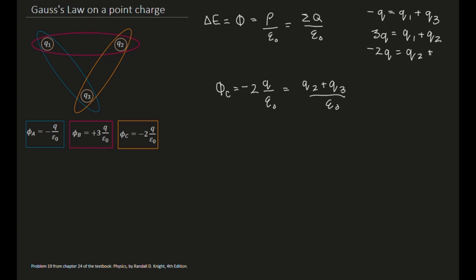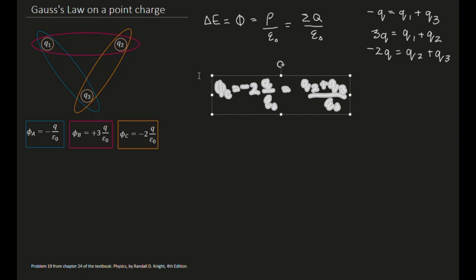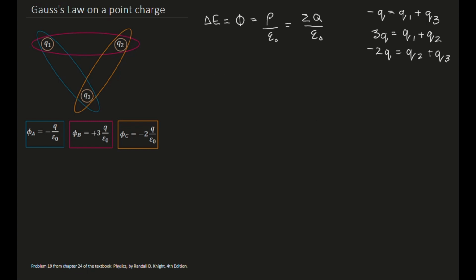And now the rest of this is just algebra. I'm going to use this system of equations to solve for my unknown Q's. Let's look at the first two equations. I have negative Q equaling Q1 plus Q3, and I'm going to subtract from it the second equation, 3Q equaling Q1 plus Q2.